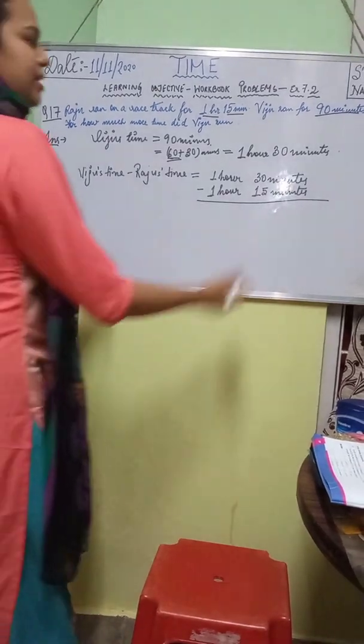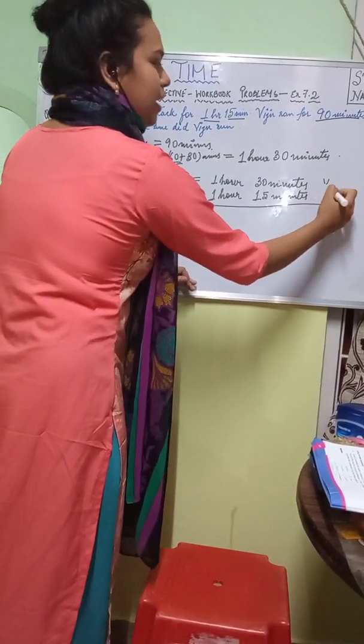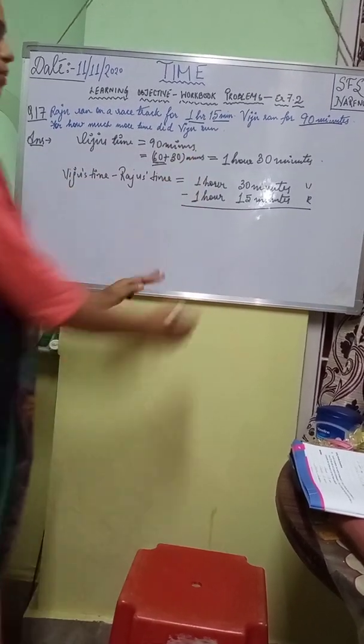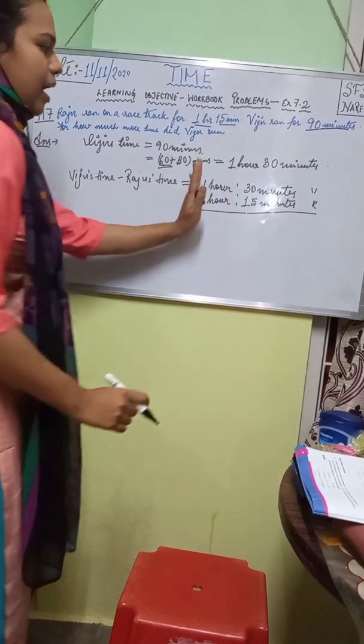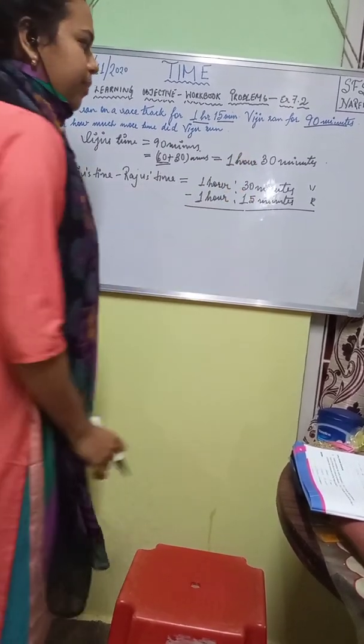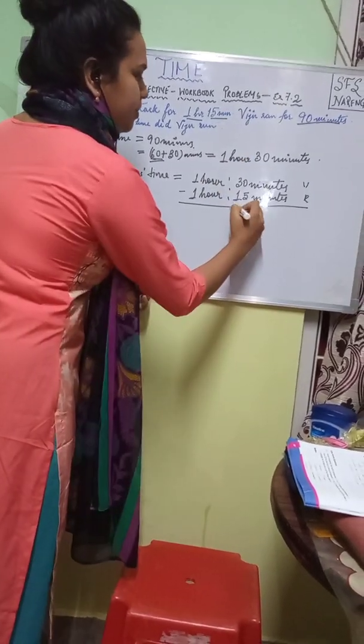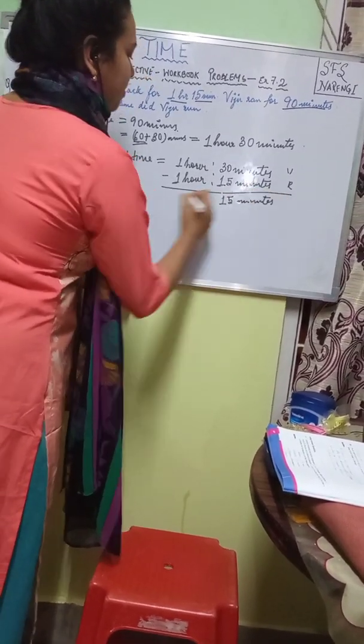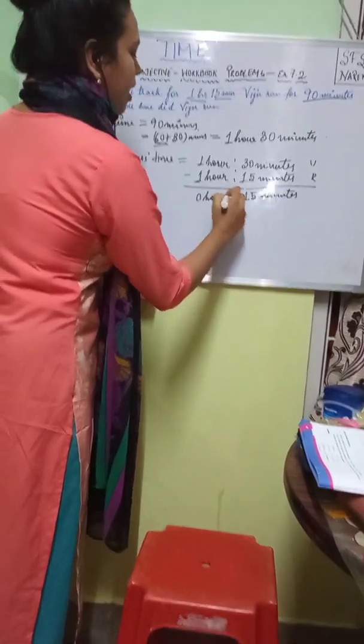Now this is simple subtraction, children. You have already separated hours and minutes. So 30 minus 15 is 15 minutes, and 1 minus 1 is 0 hours.